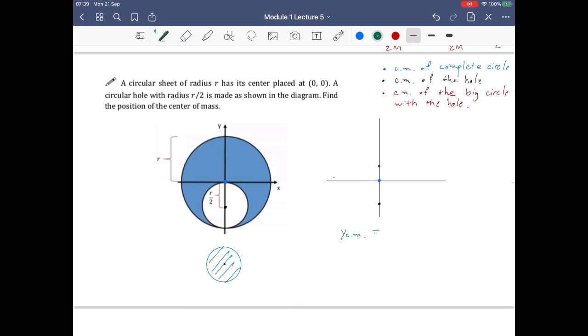Normally we know that y_cm is equal to, for example, (m1 y1 plus m2 y2) over (m1 plus m2), right? This is the formula. Okay, so in this case, we use this formula to find where the red dot is by doing it this way.